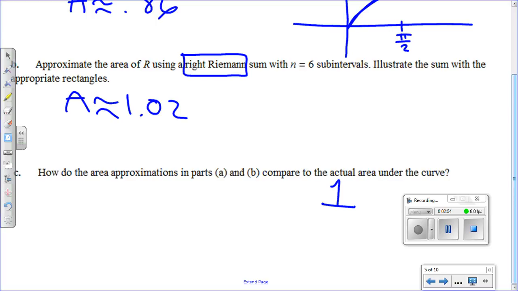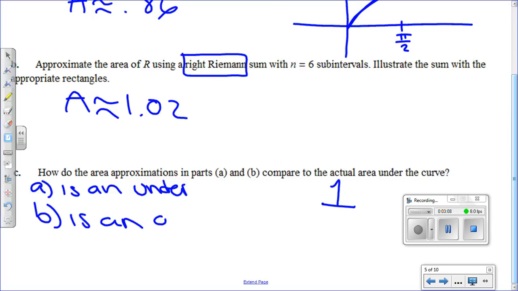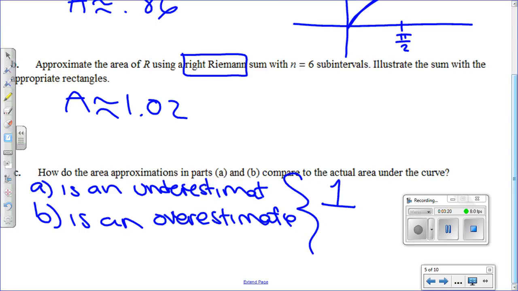And we had A is an underestimate, and B is an overestimate from the actual area. Then I asked you to think about how we were going to divide it if we did midpoint. So that's actually what problem 3 is about.